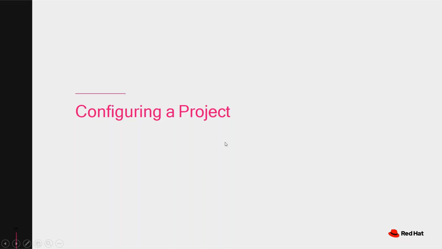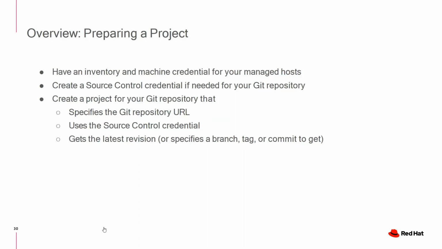Now, configuring a project. This is an overview of preparing a project. Have an inventory and machine credential for your managed host. Create a source control credential if needed for your Git repository.